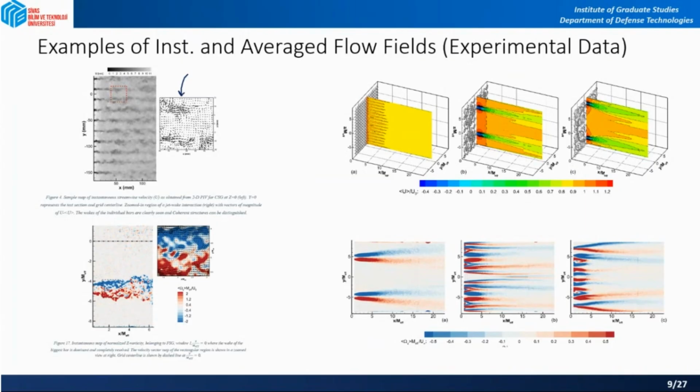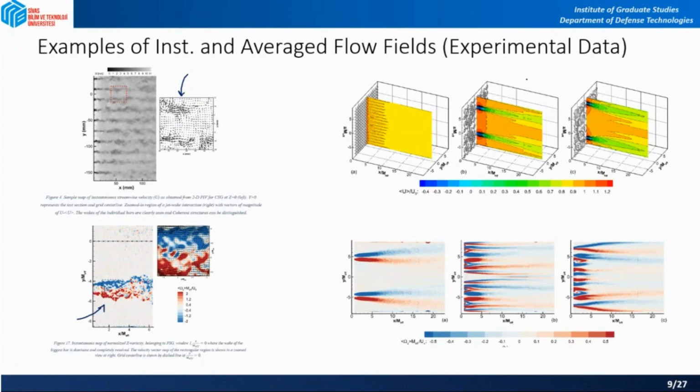Again, within this wake, you are seeing the instantaneous map of normalized vorticity, and the blue and red colors represent counterclockwise and clockwise vorticity. It's from -2 to 2. As you can see, this is instantaneous data, so you can see all these irregular shapes within the wake of the bar.